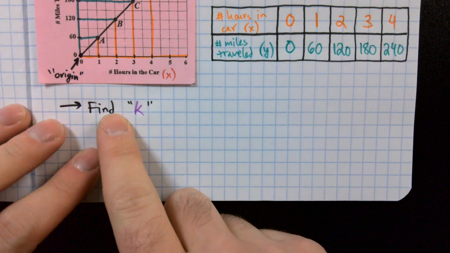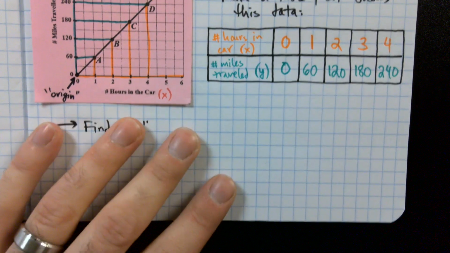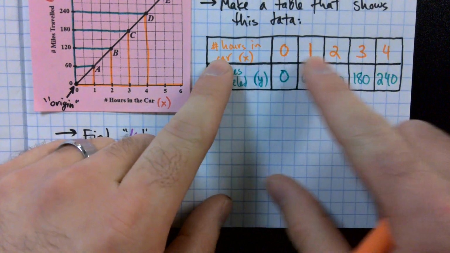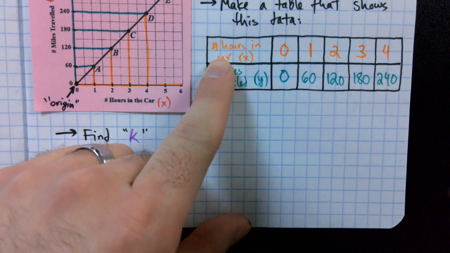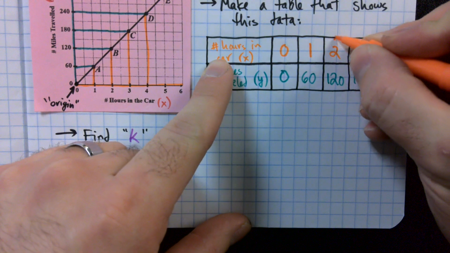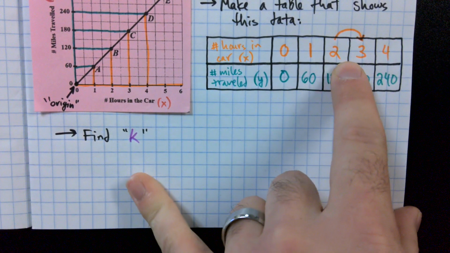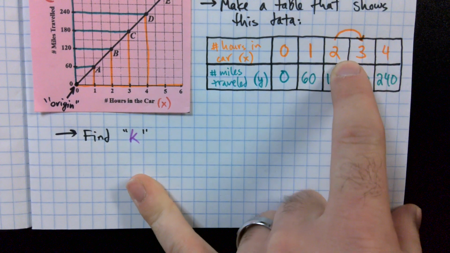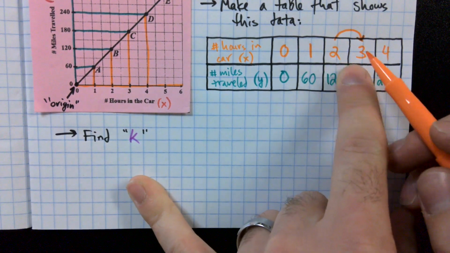And in order for us to find K, we're going to take a look at the table. Okay, and what we're going to do is we're going to go up top to our X values, 0, 1, 2, 3, 4. I'm going to draw a little arrow from one box to the next. And I'm going to ask myself, how do I get from 2 to 3?